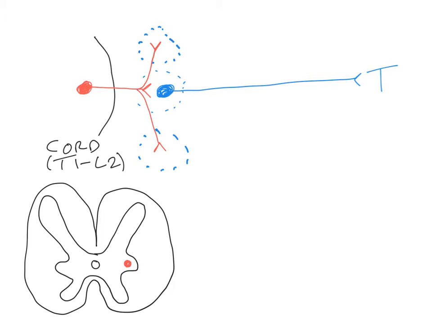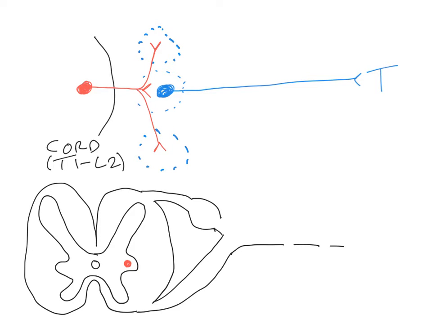Let's add on some roots. So at this point I'm going to add on the ventral root, and at this point I'm going to add on the dorsal root. So here's the dorsal root with its dorsal root ganglion. Here's the ventral root joining with the dorsal root, and then the ventral and dorsal roots come together to form the spinal nerve.